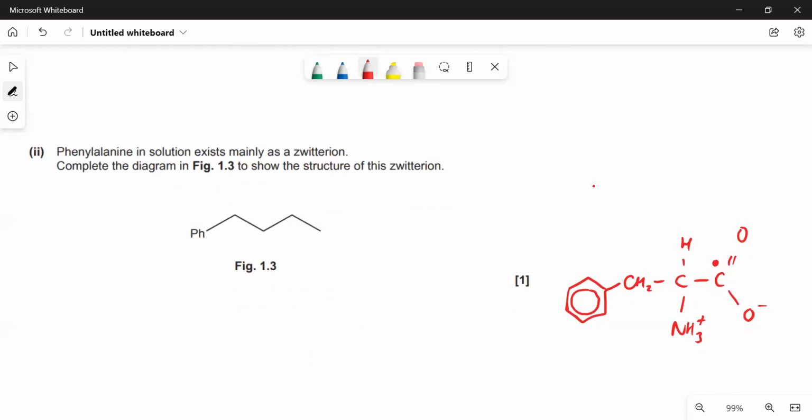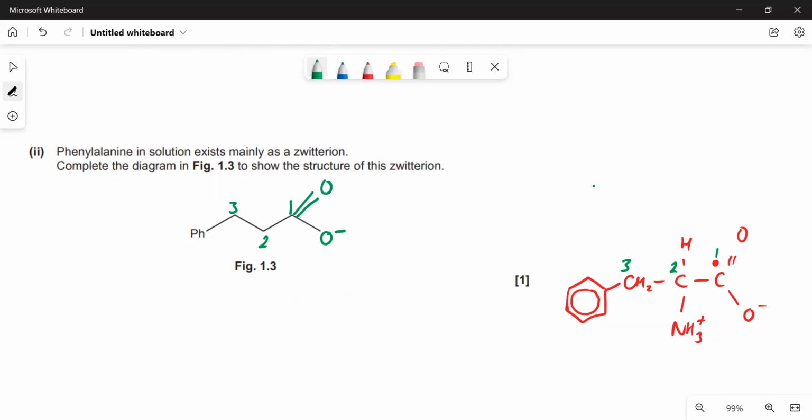Right, let's number the carbons here. We've got 1, 2, 3. Okay, so there is 3, 2, 1. So that bond there is going to the O minus. That's the carbonyl.